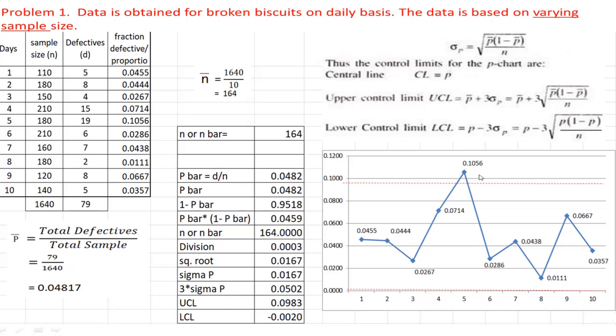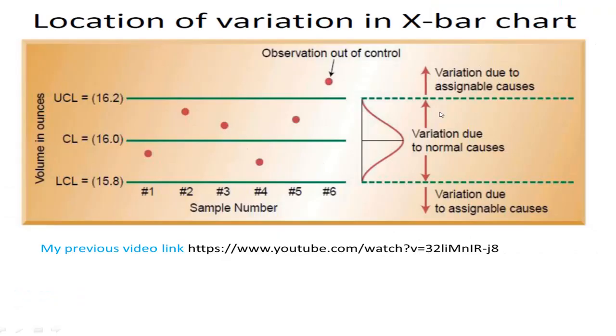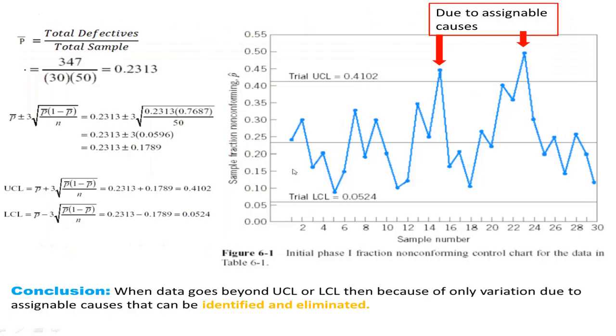We learned there are two different types of causes, assignable causes and common causes. And here in these slides we refer that when a value goes beyond the control limit, it is only because of assignable causes. It means these causes are identified and eliminated, right?